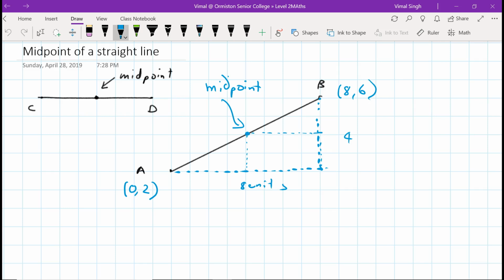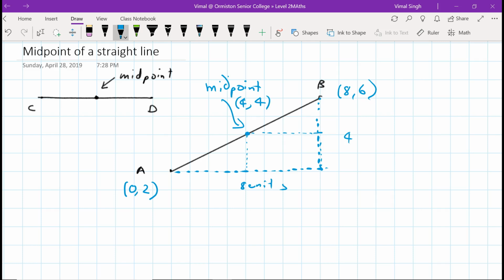Okay, so now we can say that this point over here, the midpoint, is going to be the halfway mark from 0 to 8, which is going to be 4, and then from 2 to 6. So the halfway mark from 2 to 6 is going to be at 4. So the midpoint for this particular line is 4, 4.